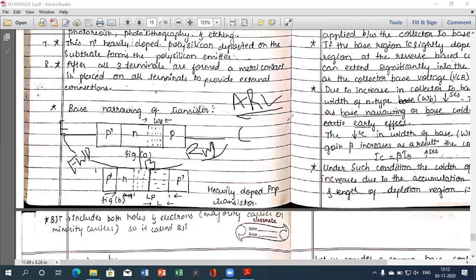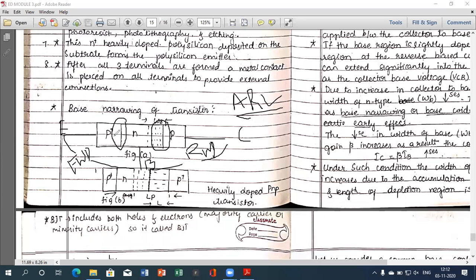Now, what is the role of the base in this condition? If collector to base is reverse biased, the width of this depletion layer will be larger compared to the width of this junction, because that one is forward biased.